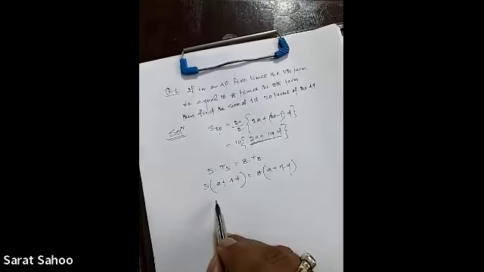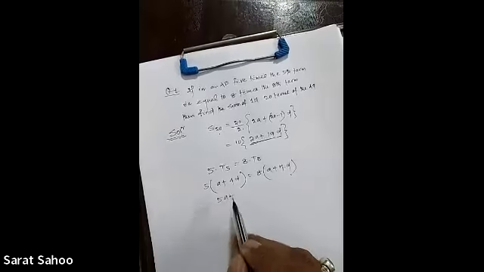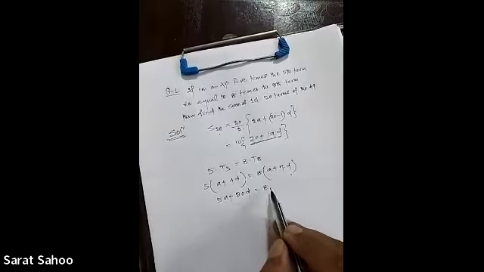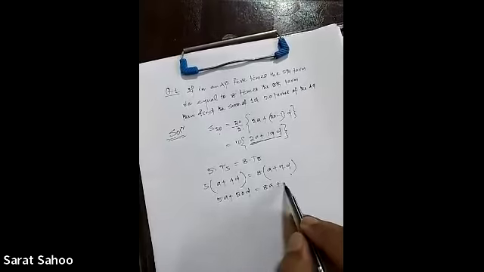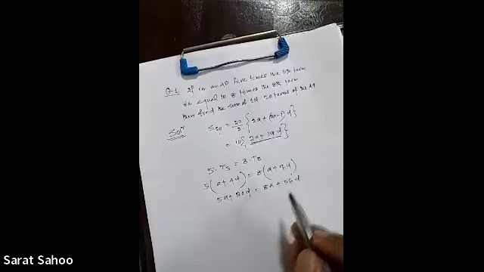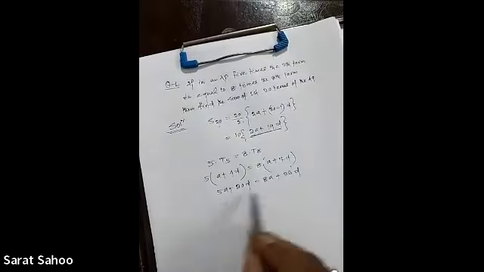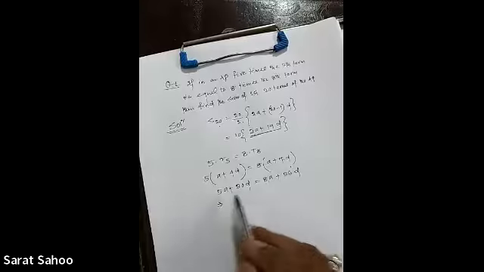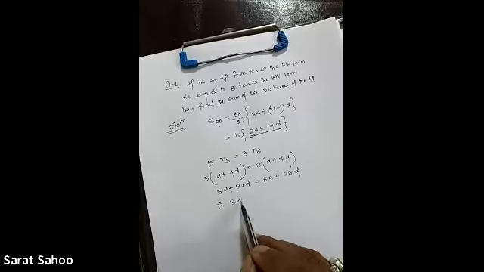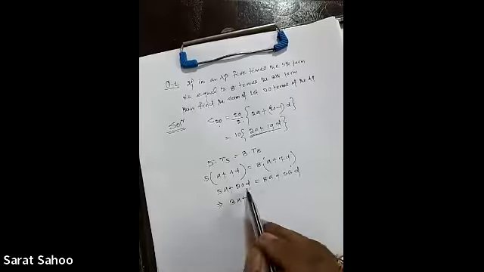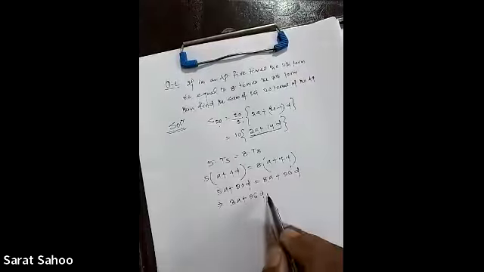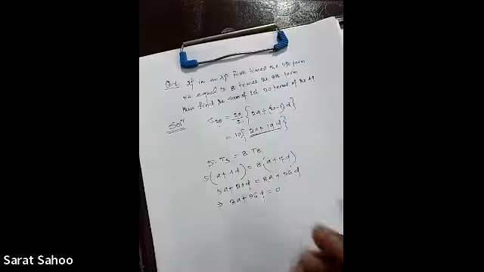So 5A plus 20D is equal to 8A plus 56D. Taking all the terms to the right-hand side, 8A minus 5A will be 3A, and 56D minus 20D will be 36D, which is equal to 0.